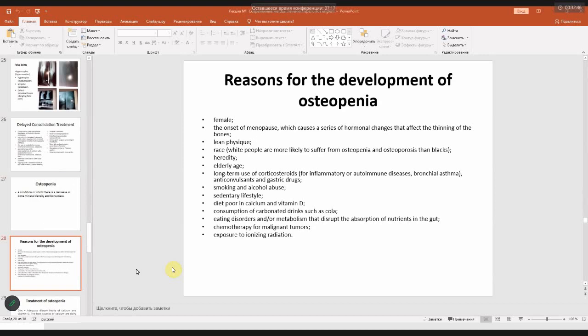Reasons for the development of osteopenia: female sex, the onset of menopause, which causes a series of hormonal changes that affect the system of the bones.